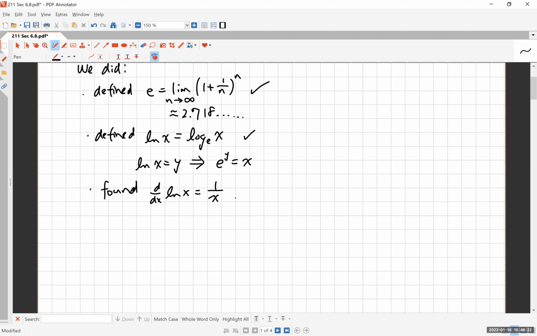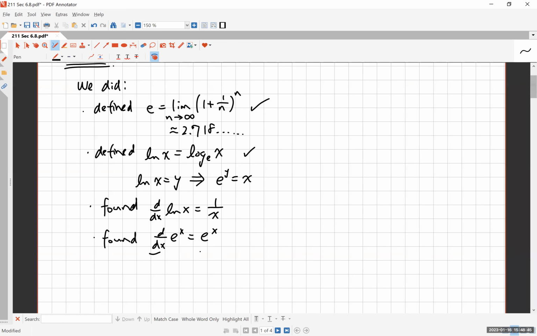But if you take the log base e, you get 1 over x, the very simple reciprocal function as your derivative. And then based on that and implicit differentiation, we found d/dx of e to the x was itself, another very, very elegant and beautiful mathematical equation here. This is one of the most awesome things you see in calculus, right?